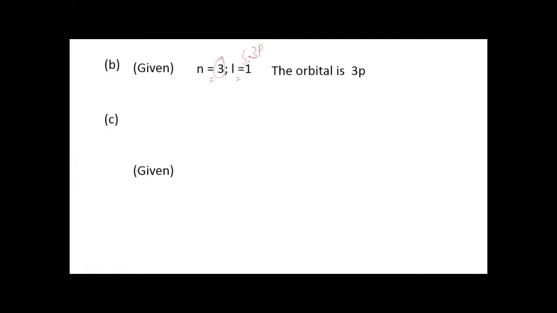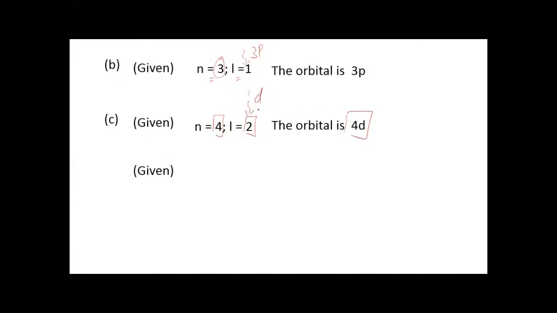C, given value is n is equal to 4. The value of L is equal to 2. The orbital is 4d. How? D subshell is present when L value is equal to 2. So it is 4d.